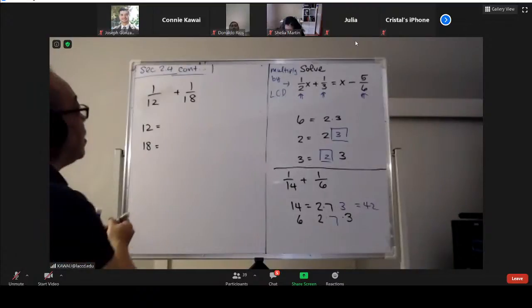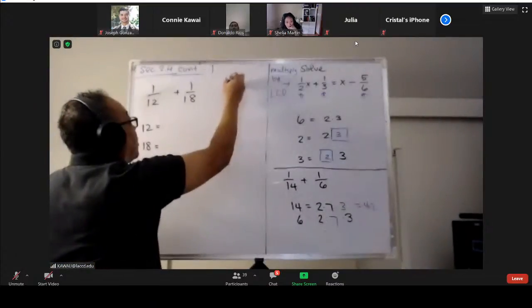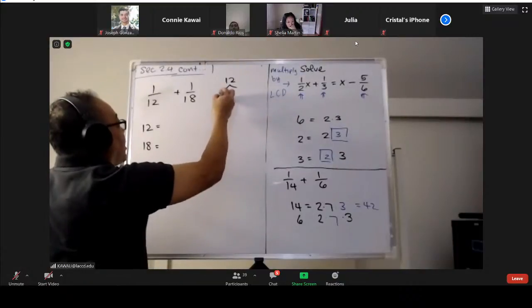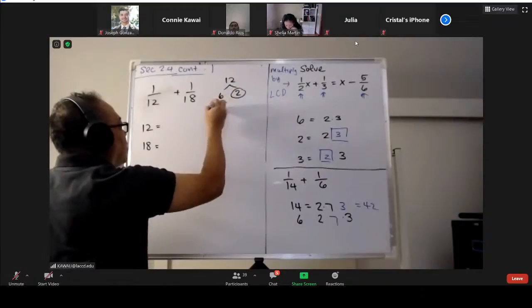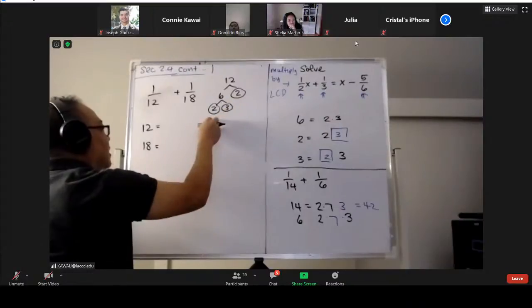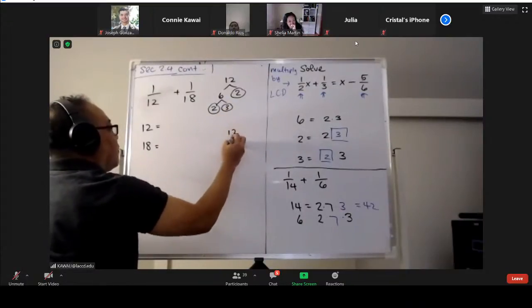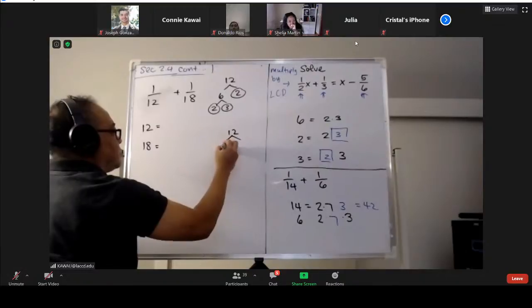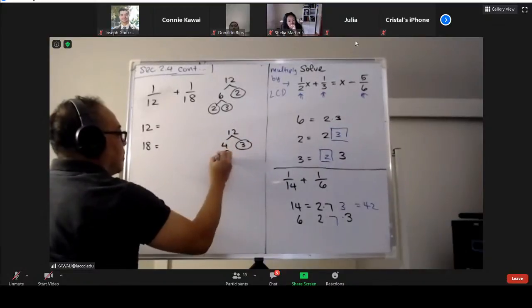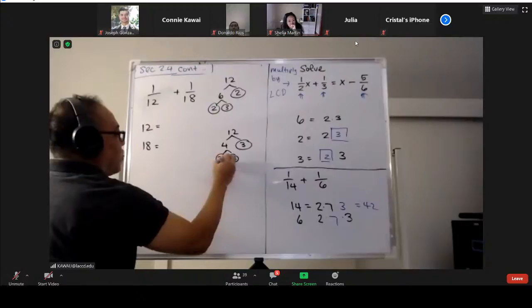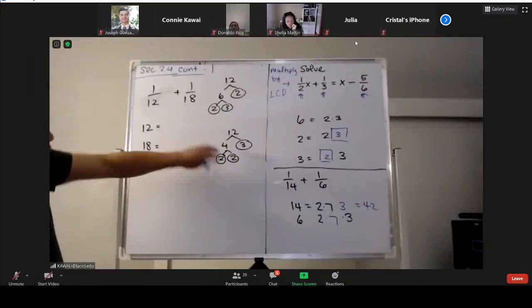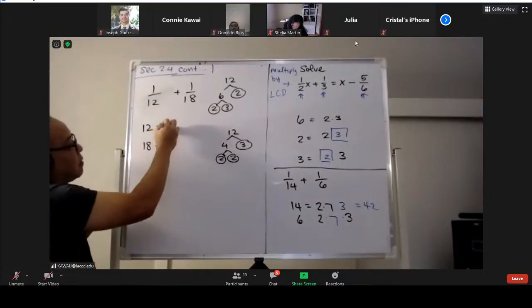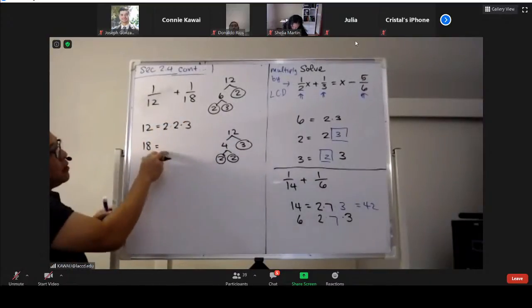Now remember that we're looking at prime factors. So whether you start with 6 times 2, you have to go all the way down till they're prime numbers, numbers that cannot be broken down any smaller. If you started with 4, as long as you go all the way down to the prime numbers, the numbers that can't be broken any further, you'll get the same factors. Right, so do the same with 18.